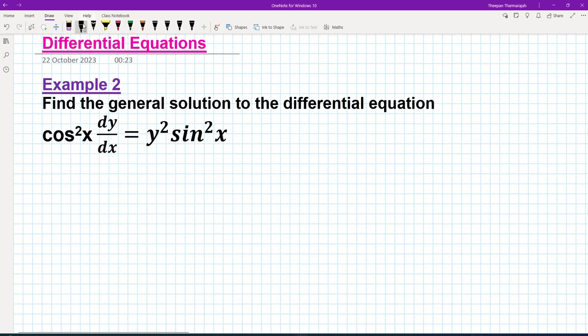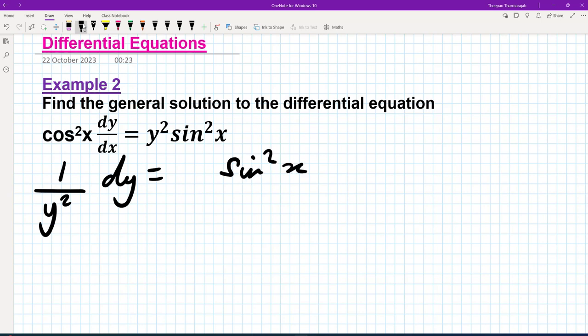Okay, welcome back. So we can separate the x and y variables here by doing 1 over y squared dy is equal to sine squared x over cos squared x dx, and we're going to integrate both sides.